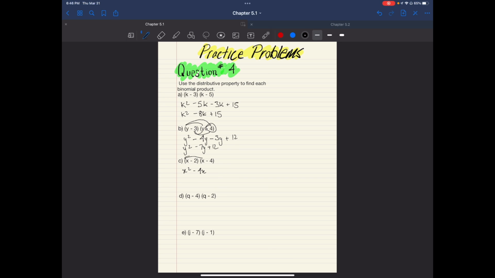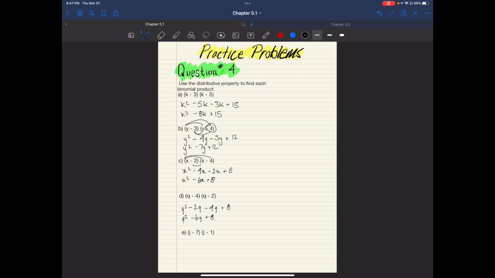So we were x squared minus 4x minus 2x plus 8. x squared minus 6x plus 8. My apologies on that. Moving on to the q's. q squared minus 2q minus 4q plus 8. Combine like terms, q squared minus 6q plus 8.